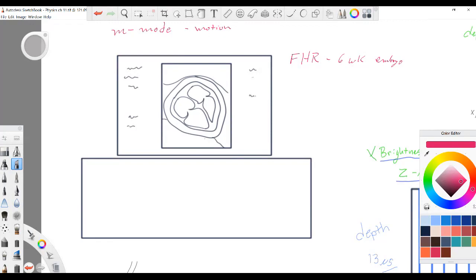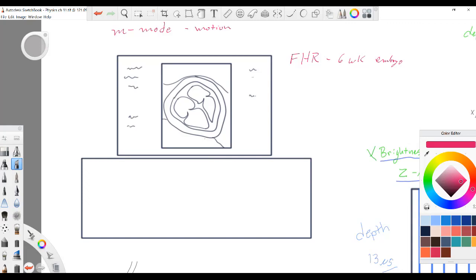You should never really use Doppler on a very early pregnancy unless absolutely necessary. And sometimes it is necessary. We really haven't gotten into why, but Doppler does use a lot more energy. M mode doesn't. M mode is not Doppler. It is just simply grayscale.